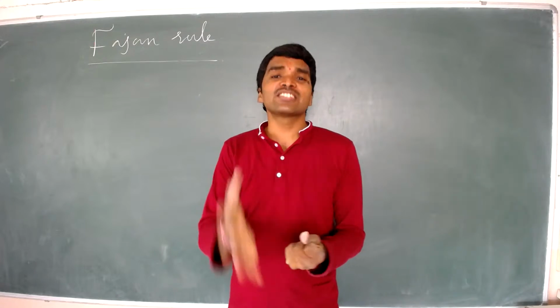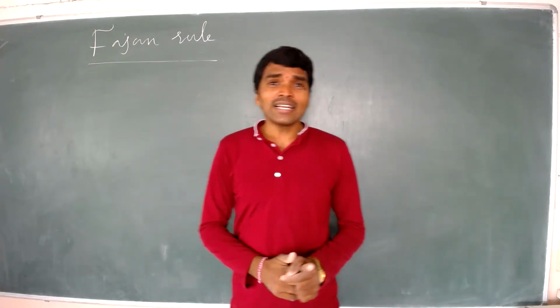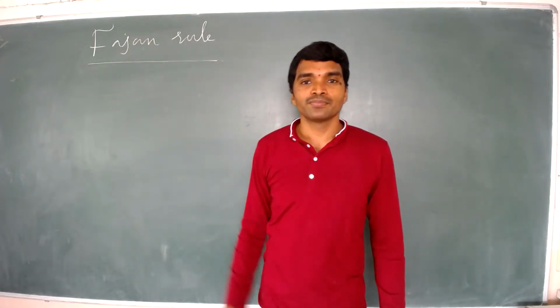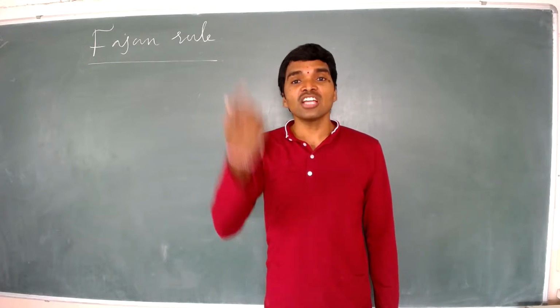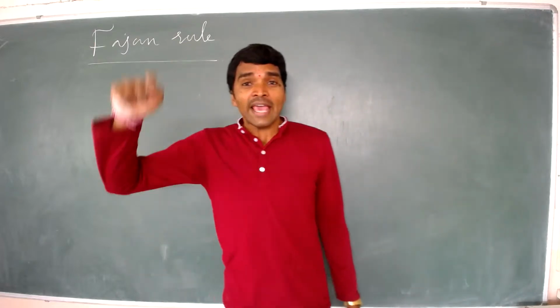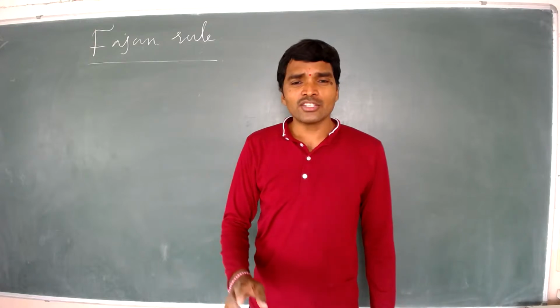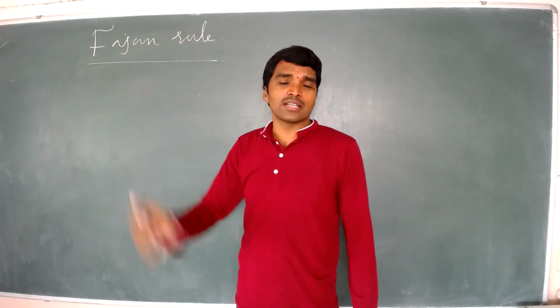Generally, to calculate ionic character, we follow the dipole moment. According to the dipole moment, we can calculate the percentage of ionic character. But Fajan's rule explains the ionic or covalent nature just by looking at the molecule.